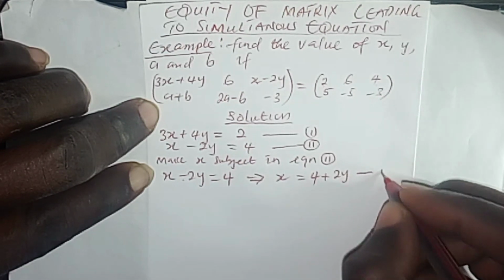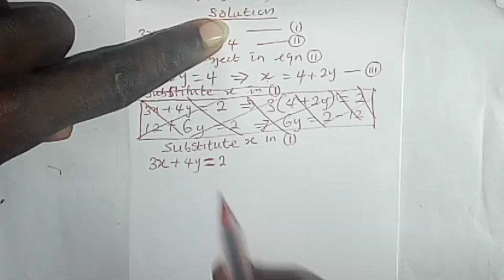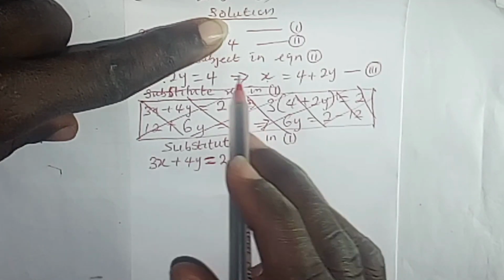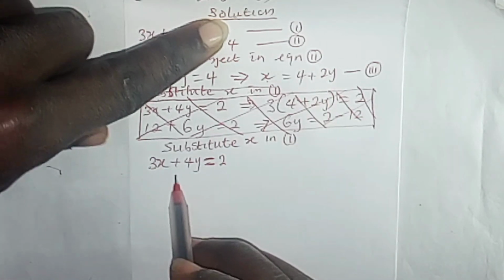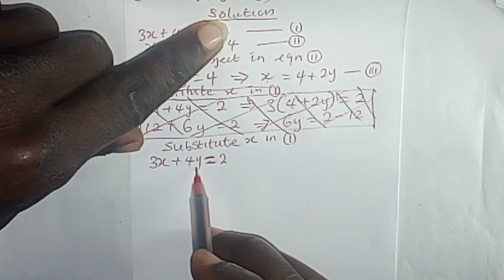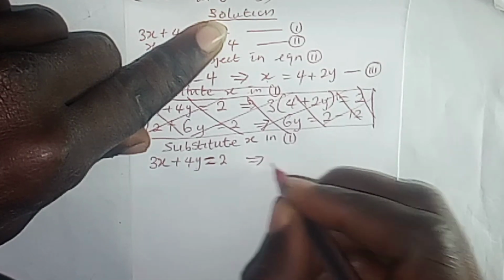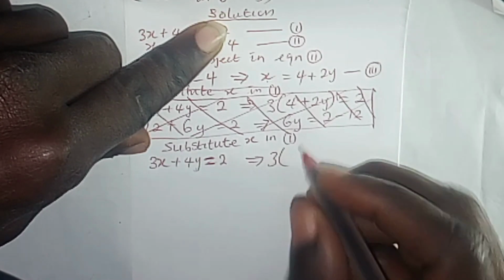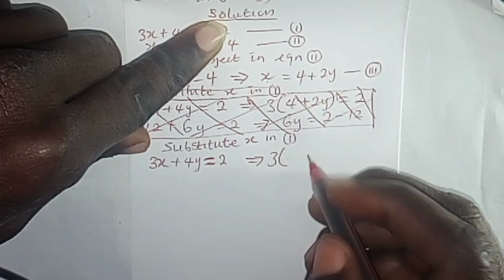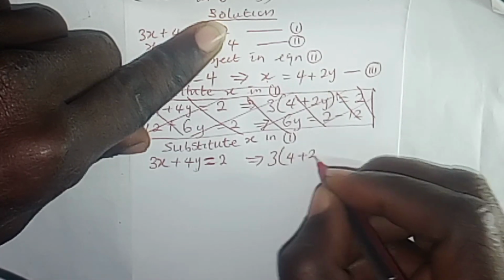This is equation 3. From here, we are going to substitute x, since we made x the subject of the formula. So here we have 3 into brackets, where the value of x is replaced: 4 + 2y.